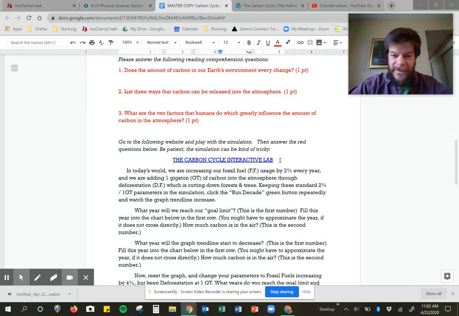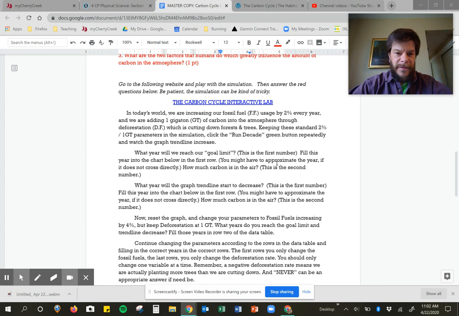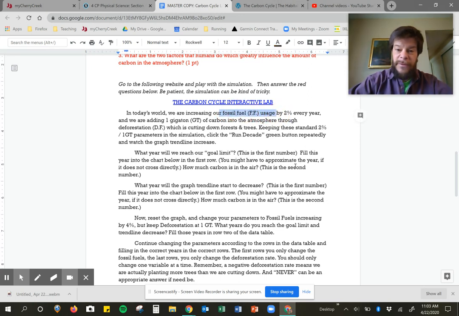The general gist of it is we're going to change some parameters on the Earth, and we're going to see what happens to the amount of carbon that goes either into the atmosphere or into the ocean. We're going to change those parameters in one of 2 ways. We can either A, increase our fossil fuel usage, and that is by driving more trucks, having more power plants, things of that nature.